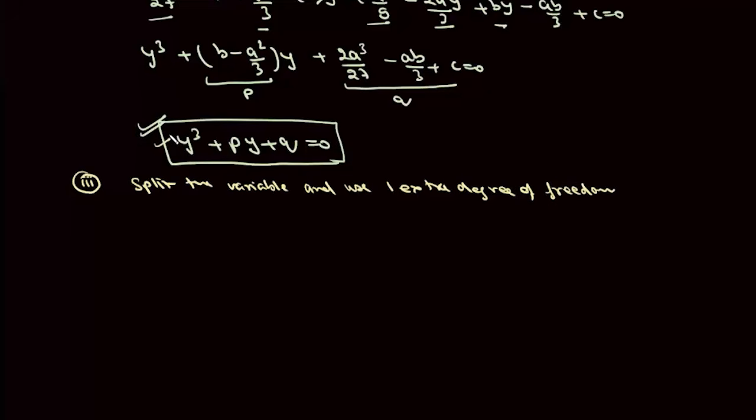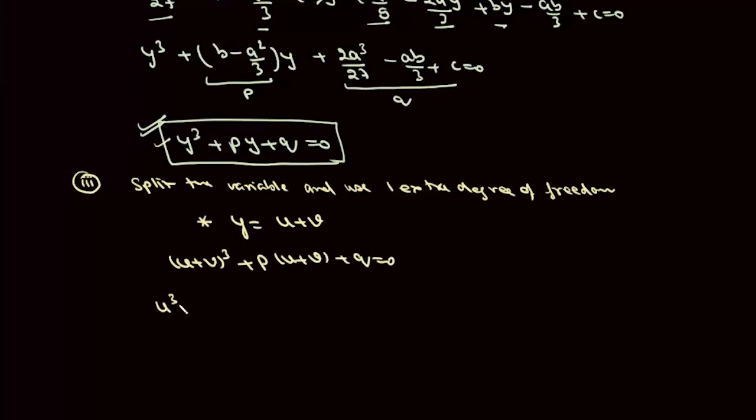What we'll do is we'll split this variable in two parts. So basically what we mean here is we'll replace y with u plus v. So it'll be (u plus v) cubed plus p (u plus v) plus q equals 0.